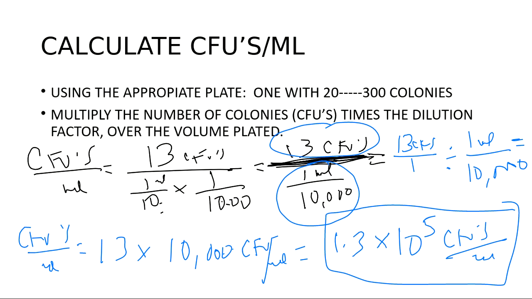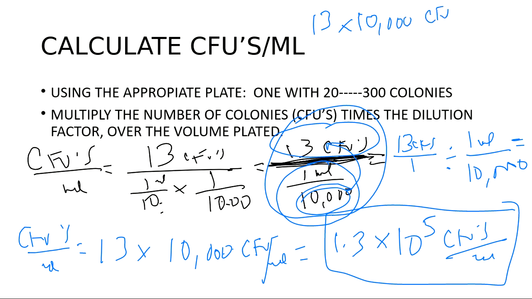A quick way to do it would have been, once you get here, then you know that this number just multiplies by the number up here. Okay, so that would have made it 13 times 10,000. Don't forget units, CFU, don't ever forget units, CFUs per mil, or 1.3 times 10 to the 5. Oops, not minus 5, sorry. 5, not minus 5.